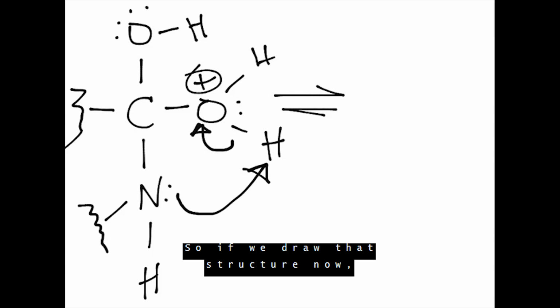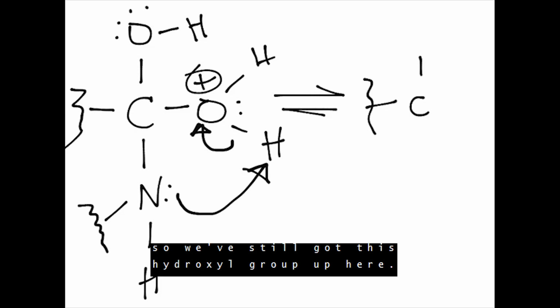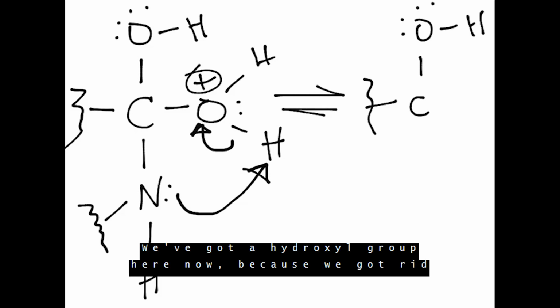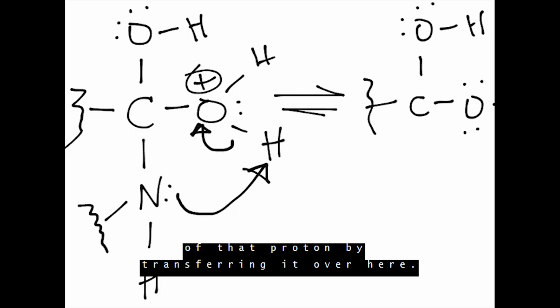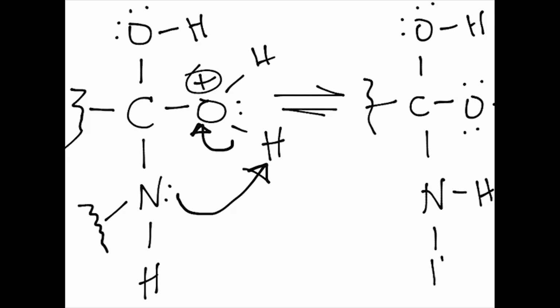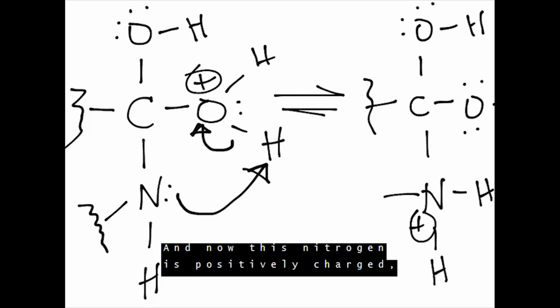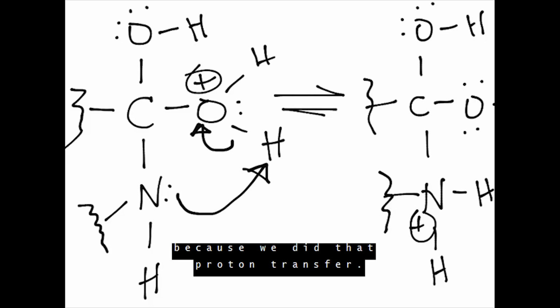So if we draw that structure now, we've still got this hydroxyl group up here. We've got a hydroxyl group here now because we got rid of that proton by transferring it over here. And now this nitrogen is positively charged because we did that proton transfer.